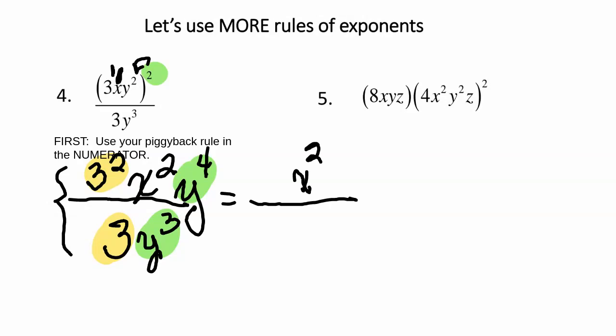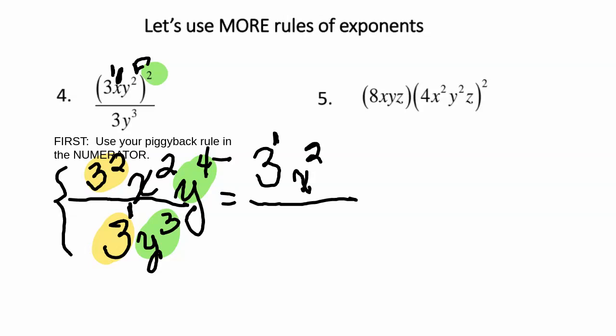But I have 3 squared. That means 3 squared has got a power of 2. This 3 in the bottom has a power of 1. Where is the bigger 3? At the top. So that means it's 3 to the 2 minus 1 or 3 to the first.